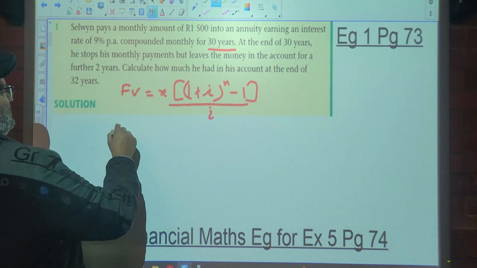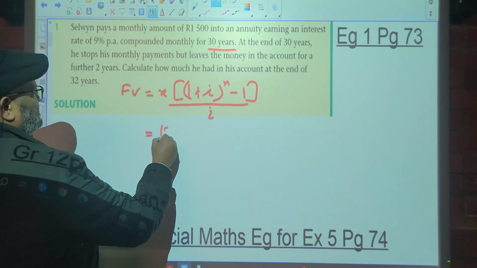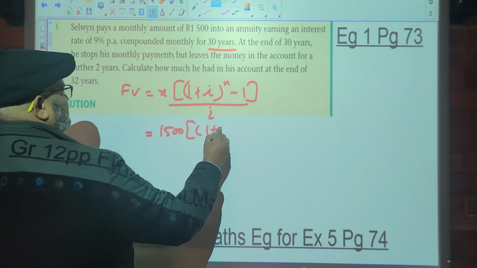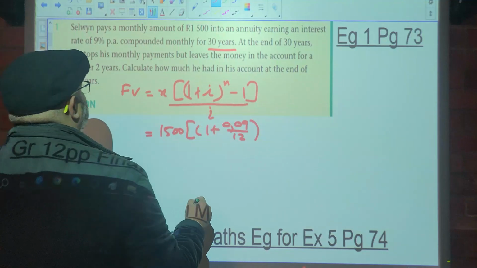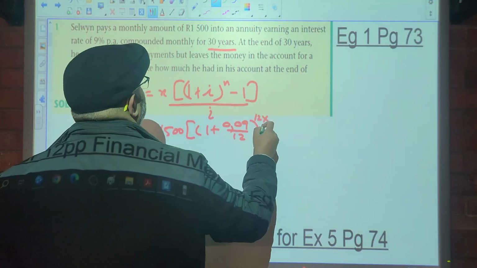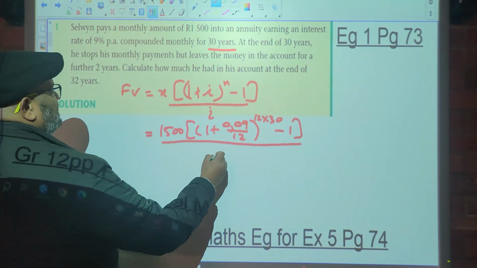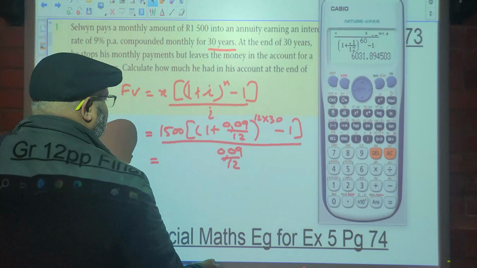So we have x, which is 1,500 rand, into 1 plus i, 0.09 over 12, to the exponent 12 times 30, minus 1, all over i, which is 0.09 over 12.